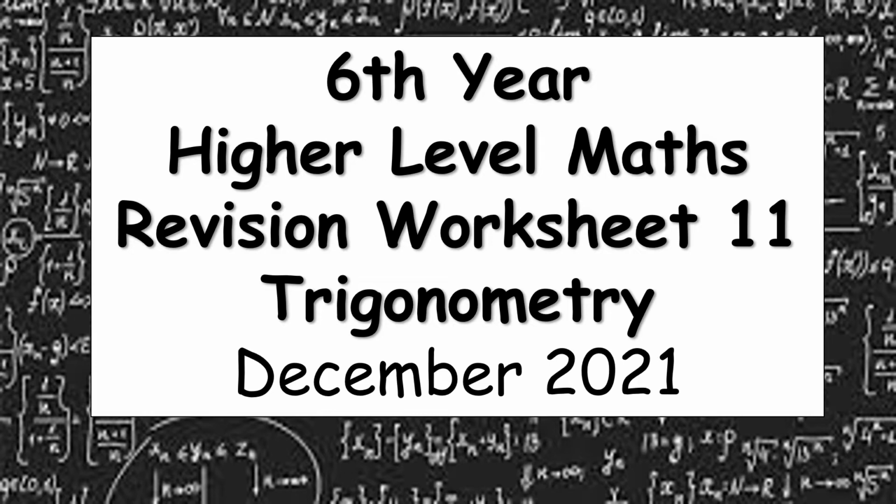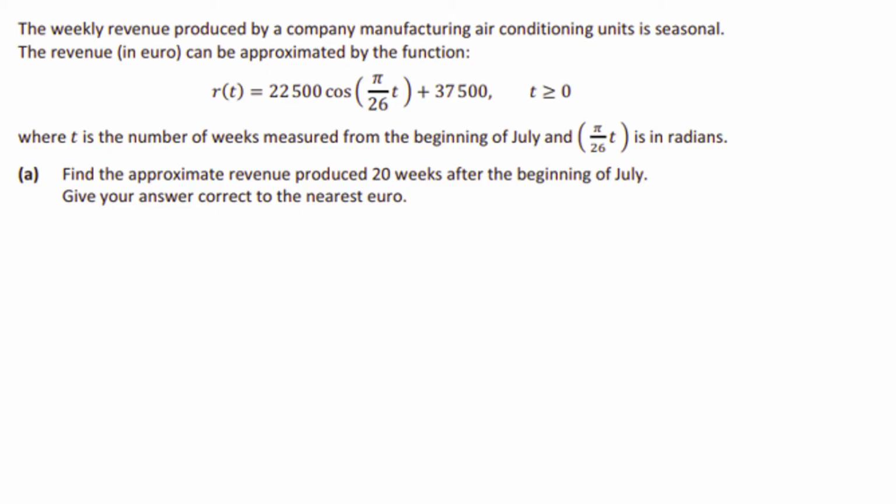In this video we're going to look at revision worksheet 11, which was a section B question on trigonometry. The question is, the weekly revenue produced by a company manufacturing air conditioning units is seasonal. The revenue in euro can be approximated by the function R of t, which is revenue as a function of time, equal to 22,500 cos of pi over 26t plus 37,500, where t is greater than or equal to 0. t is the number of weeks measured from the beginning of July.